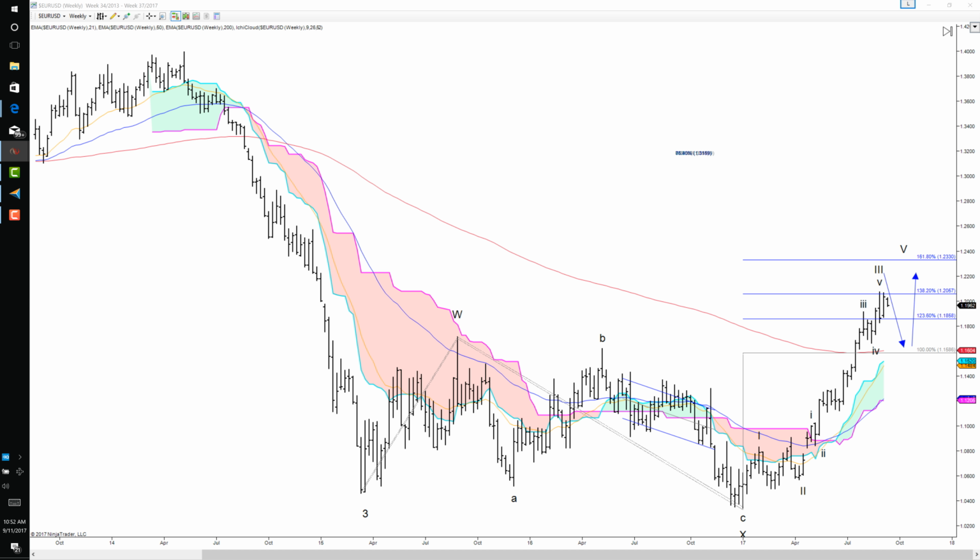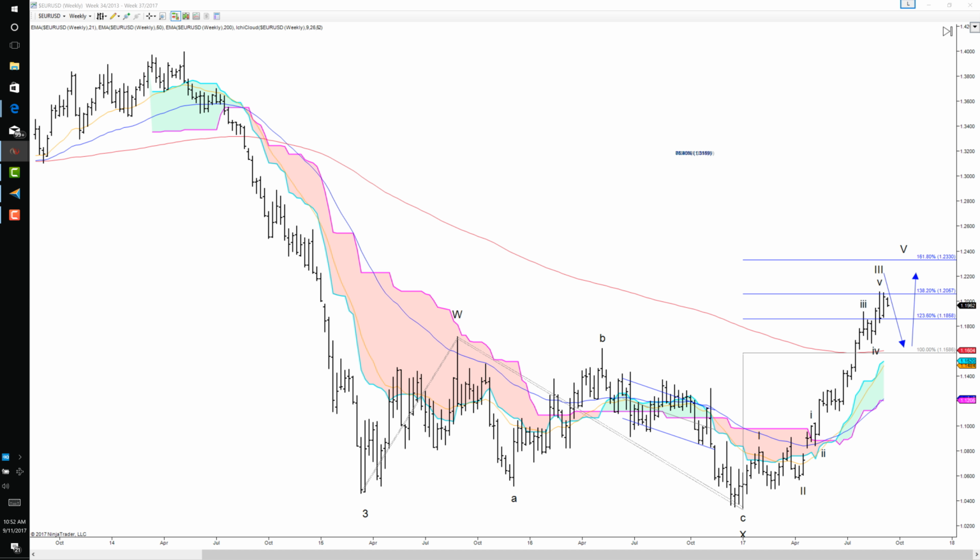Because right now, personally, I'm guessing. I'm only guessing because this could be 3, but you have to keep in mind, I had this as 3. So until I see a pattern that I can recognize, I don't know what it's going to be. Therefore, I need to wait for 3 waves or 5 waves down so that I can make a count, and then I can go from there.